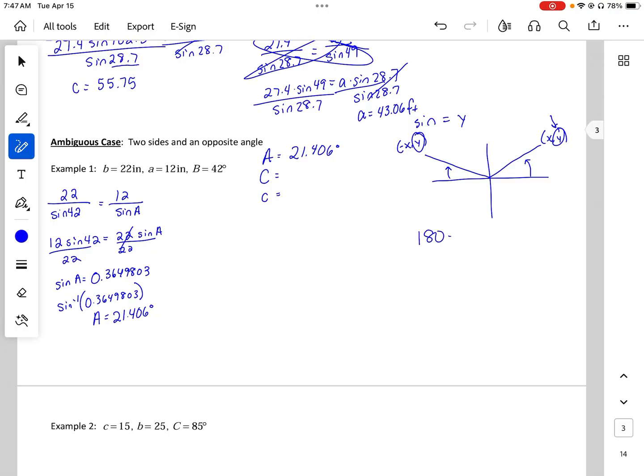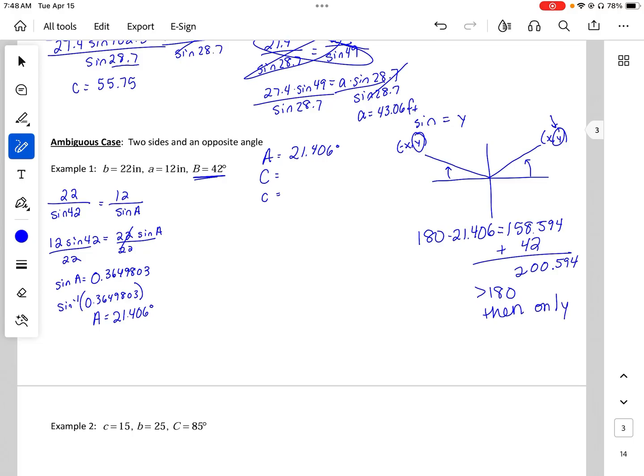A way that you can check this is to take 180 and subtract 21.406. That's 158.594. Then we add the one angle we have, so add 42, and it's 200.594.